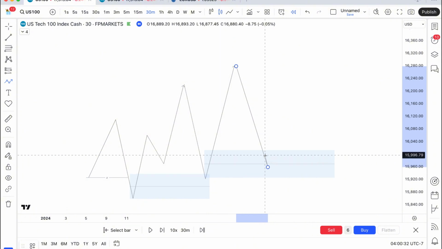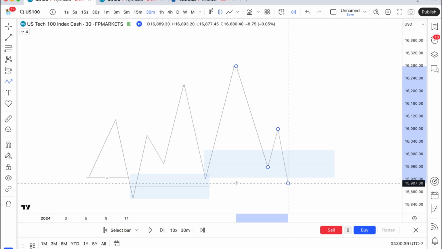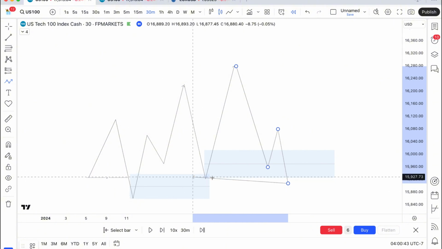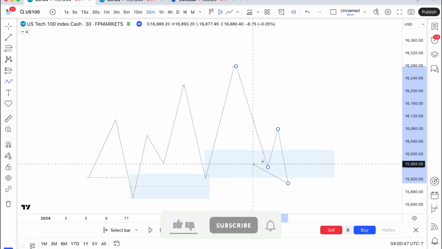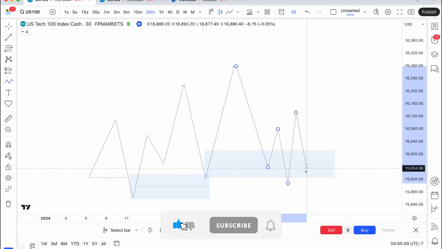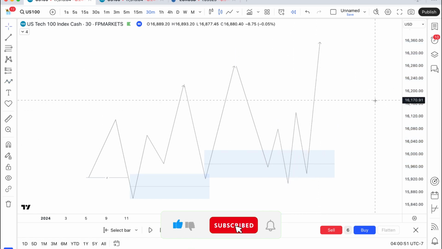But we also have to expect that price can fake a move up like this, come and sweep an old low like this, because demand and supply zones can be mitigated more than once. Price can sweep the low like this, run the high, come back, and then continue bullish.